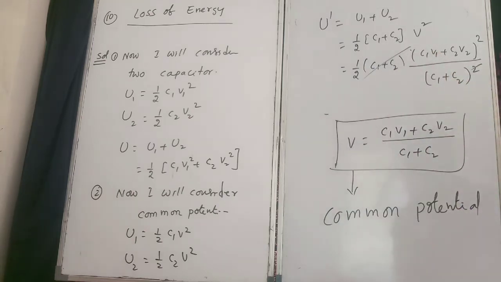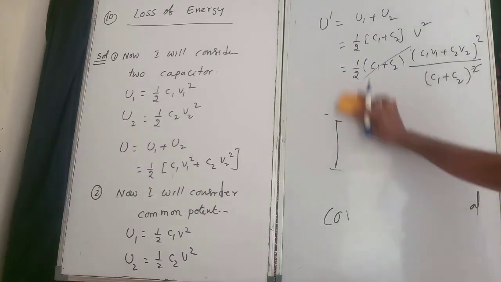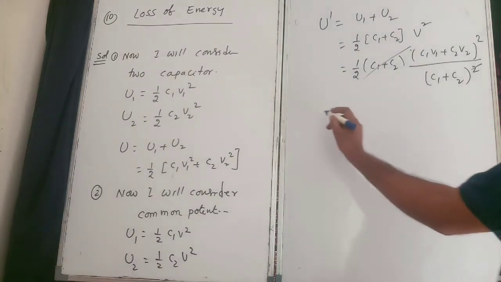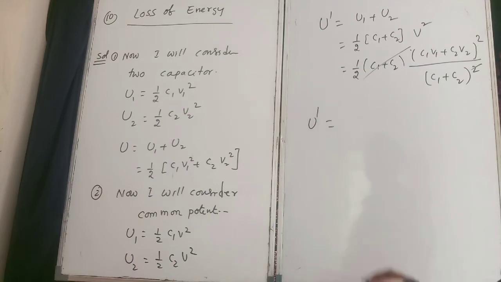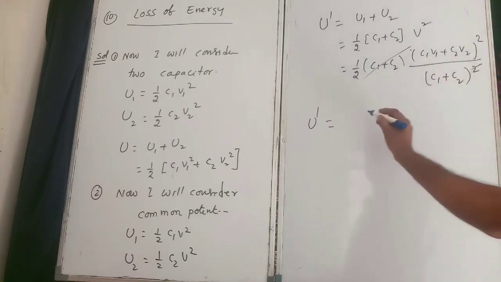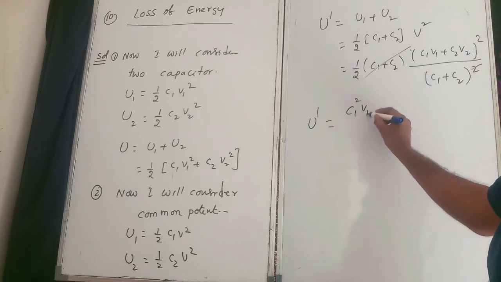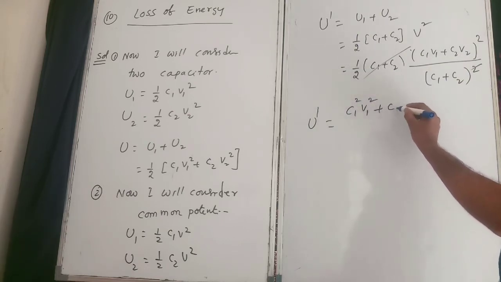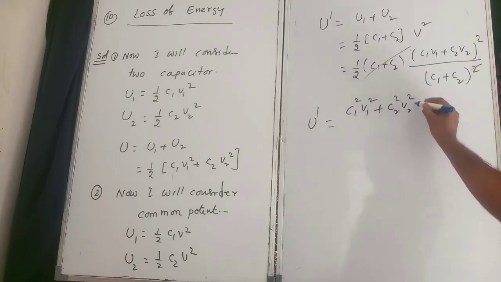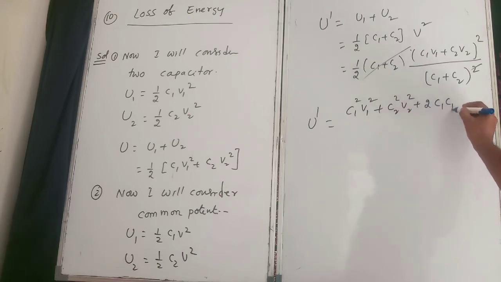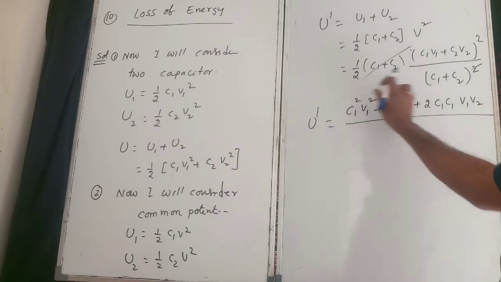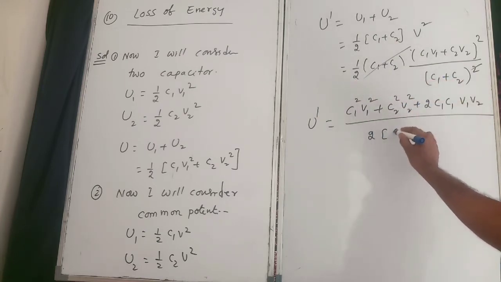This one gets cancelled. Therefore now what will come? U dash is equal to (A plus B) whole square, that is A square plus B square plus 2AB, divided by 2 into (C1 plus C2).